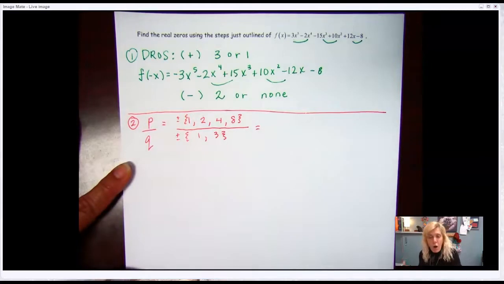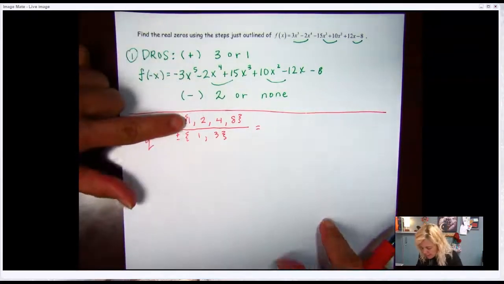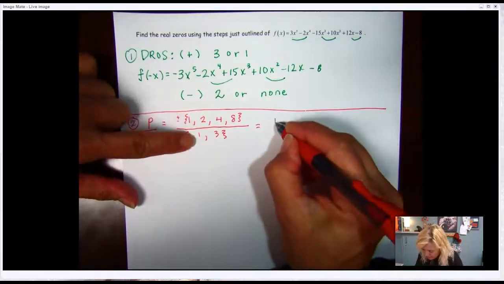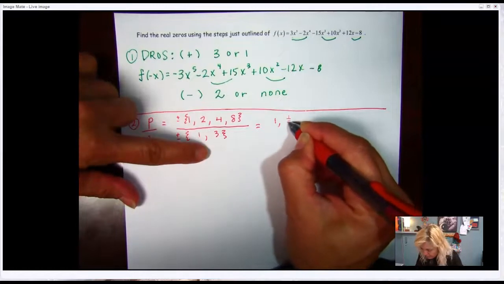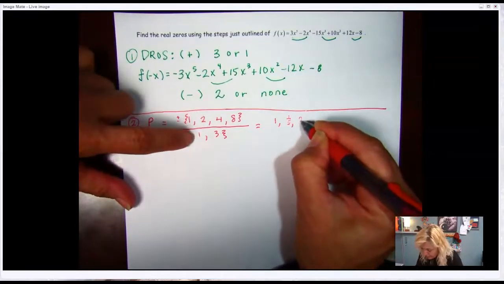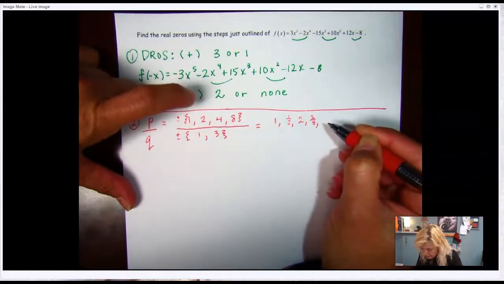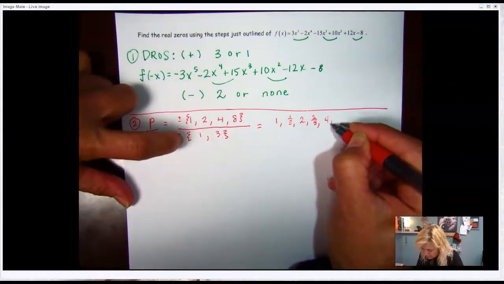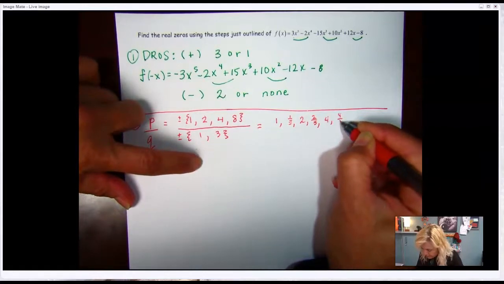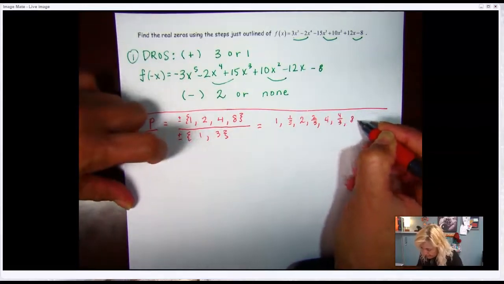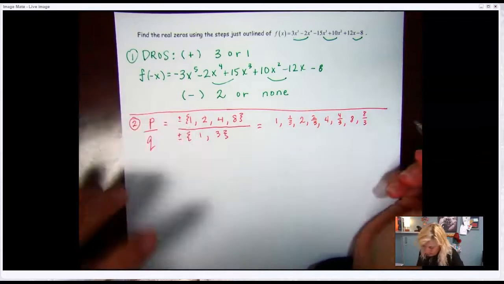So here's going to be all of our possible zeros. It is going to be 1 divided by 1, 1 divided by 3, 2 divided by 1, 2 divided by 3, 4 divided by 1, 4 divided by 3, 8 divided by 1, and of course 8 divided by 3.